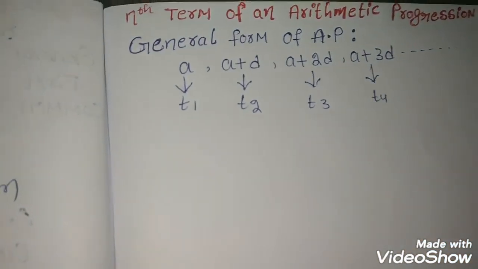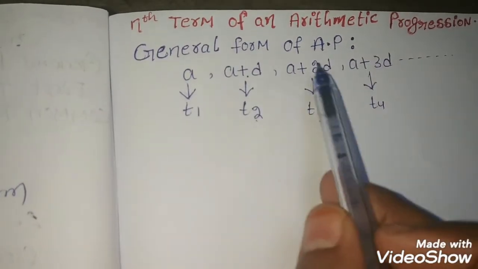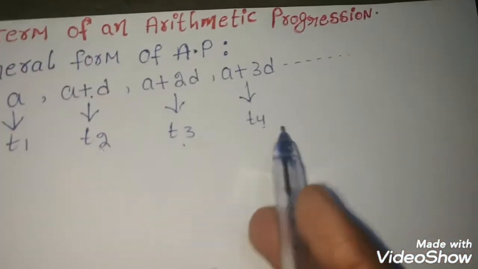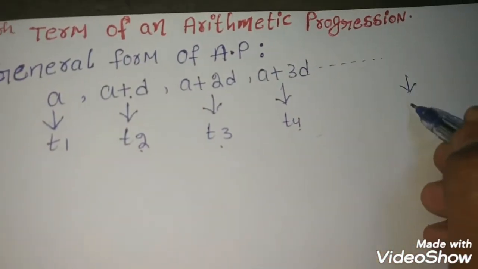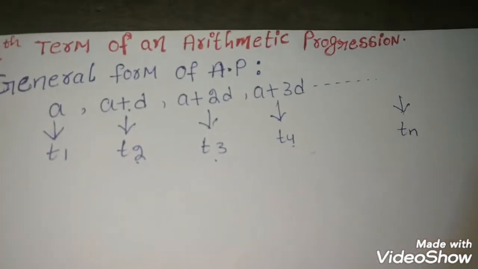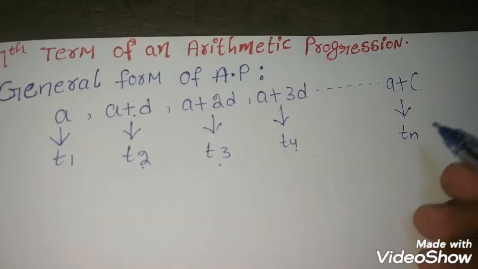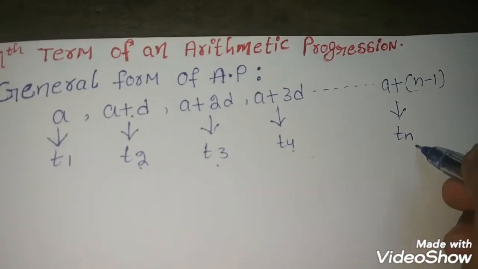Are you observing one thing? See here, in term 2 we have 1D. Term 3 we have 2D. In term 4 we have 3D. What about term n? How should you write it? That is A plus, the preceding of n, which is n minus 1.